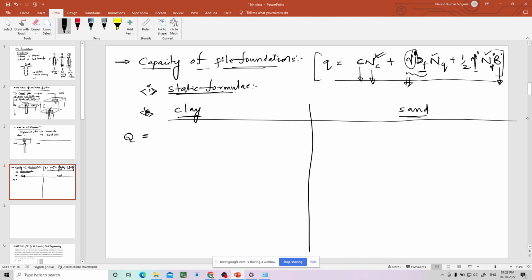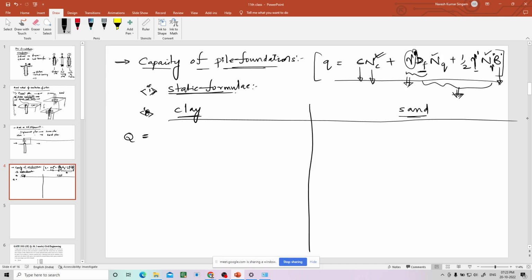Now coming to pile foundations, how will these formulas be modified? In clay, the friction angle is 0. If the friction angle is 0, this term will be cancelled. Then you will get only the bearing capacity from the end bearing.